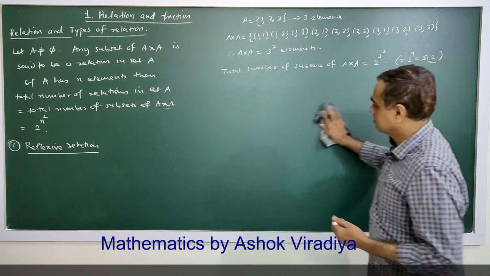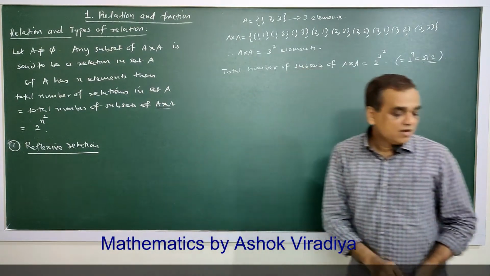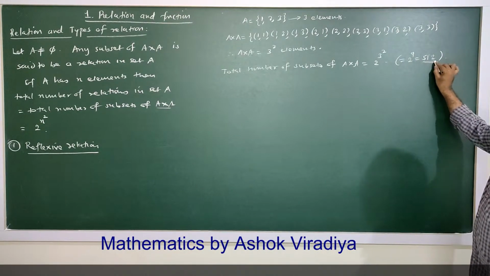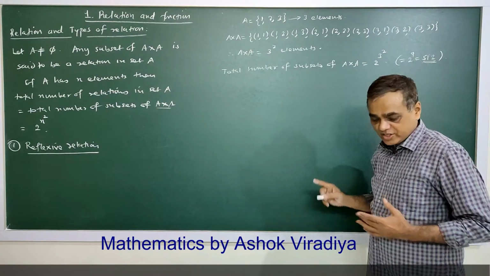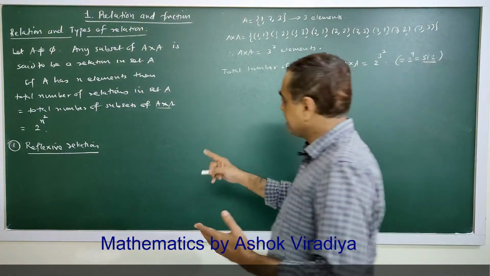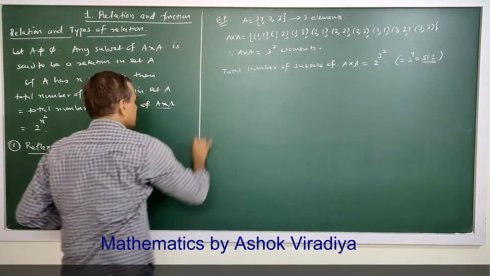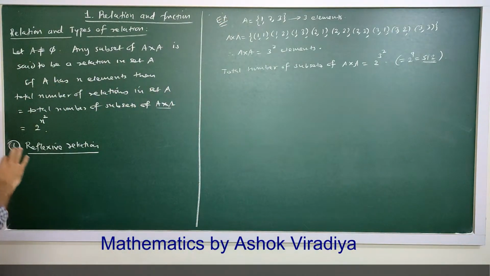Suppose from these 512 relations, I am explaining these definitions by this example. Using the same example, I am explaining the definitions, types of relations. Reflexive relation.